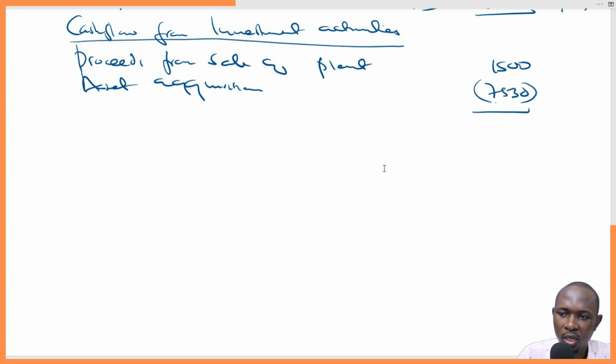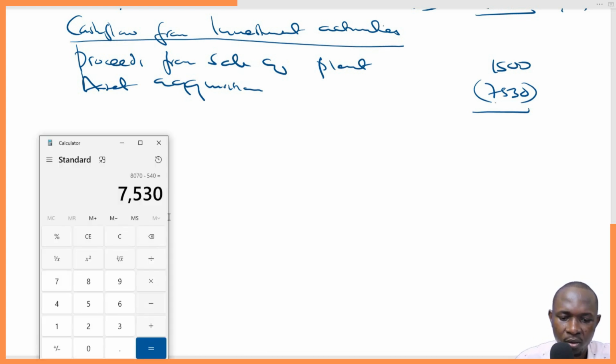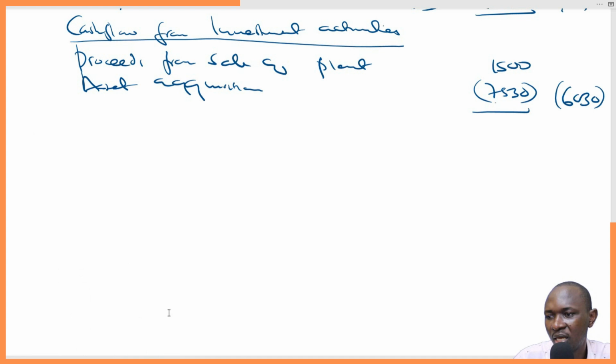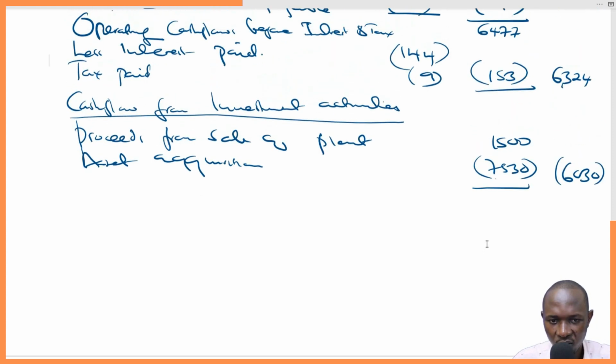So 1,500 minus 7,530 gives us 6030, and this is a negative. So that is what we'll have in the investment activities.